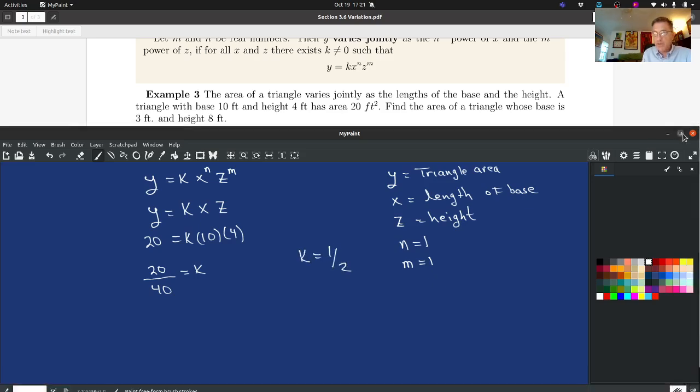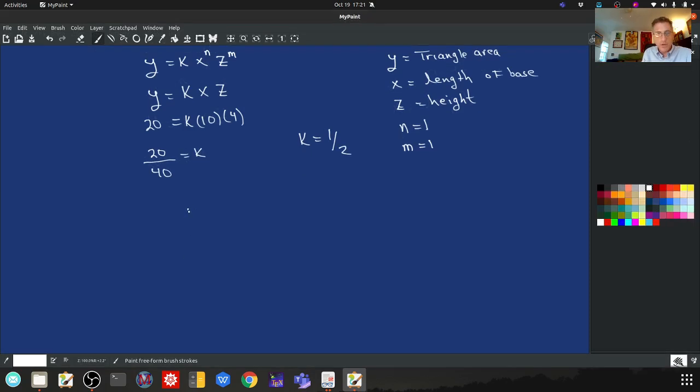And if you know the formula for the area of a triangle, this makes sense, because the area is equal to 1/2 times base times height. In this case, they've used h for height, we used z, and they used b for the length of the base, and we used x, and they used a for the area, but we used y.